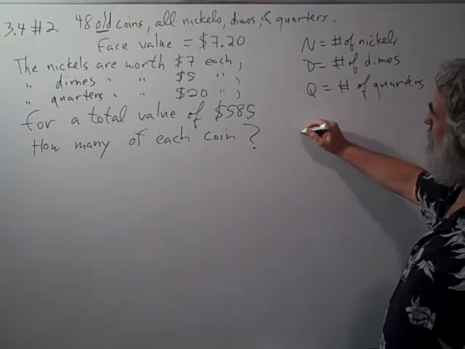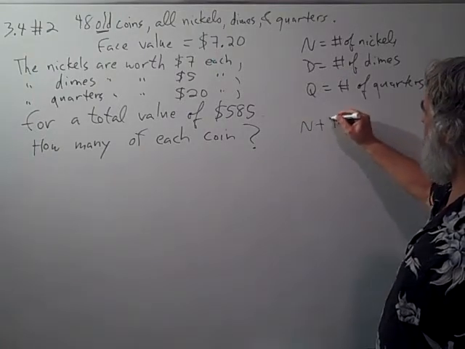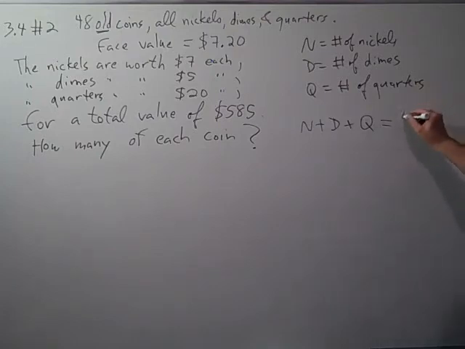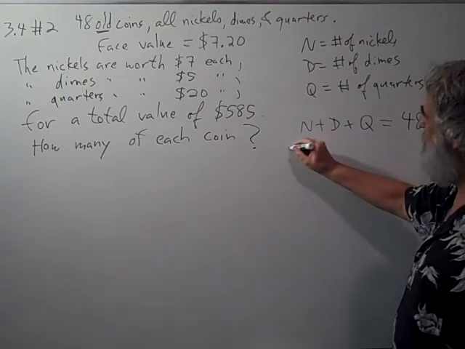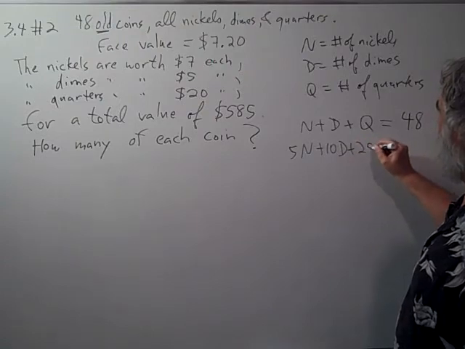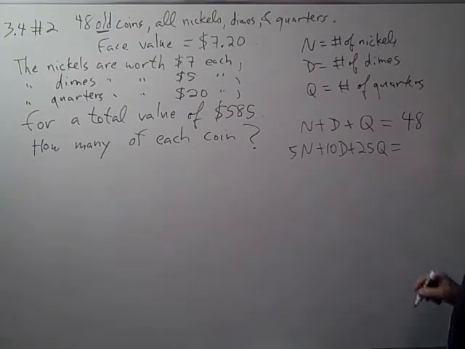To begin with, the number of nickels plus the number of dimes plus the number of quarters is 48, because there's 48 coins altogether. The face value: there's 5 cents for each nickel, plus 10 cents for each dime, plus 25 cents for each quarter. The face value is $7.20, or 720 cents.